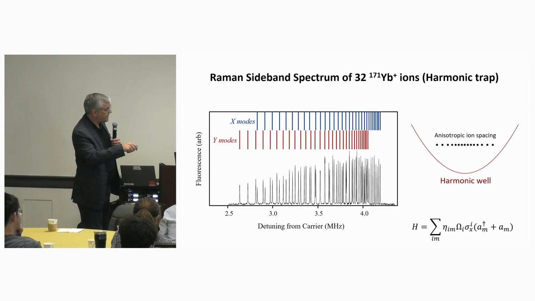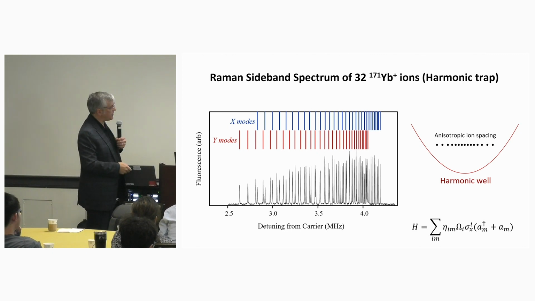So these are the transverse modes of a crystal of 32 ions in a harmonic trap. There are 64 lines here in both the x and y radial directions, and the laser in this case was sensitive to both directions. And the blue and red, these are theory, where we expected the modes to be, in megahertz.